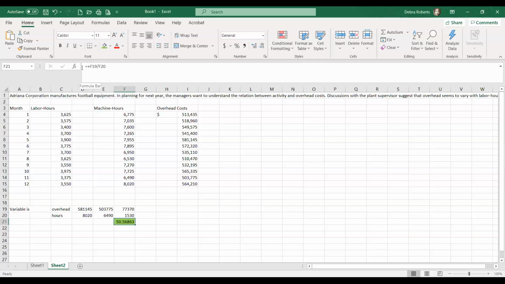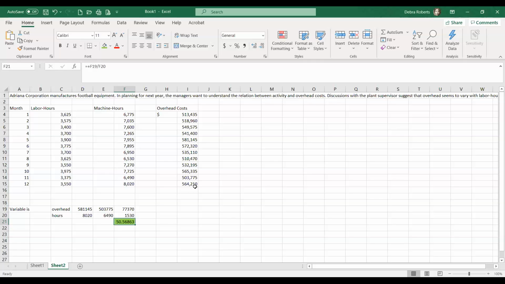Now, what the question is asking us is to use the high-low method to estimate the fixed and variable cost portions of the overhead based on machine hours, because overhead cost is mixed. Based on what I'm understanding, the overhead costs are mixed costs, and we need to separate the two. We need to pull out what's fixed and what part is variable of these numbers, right?